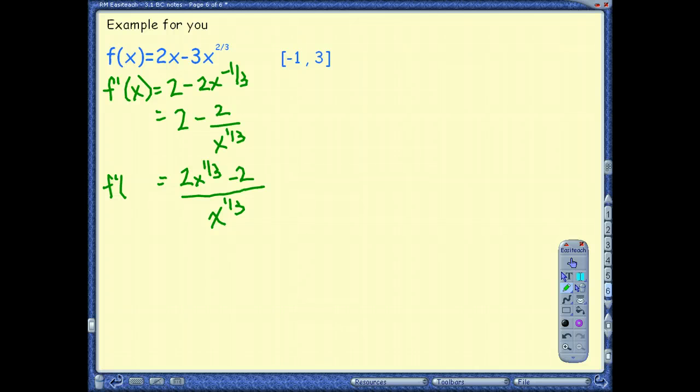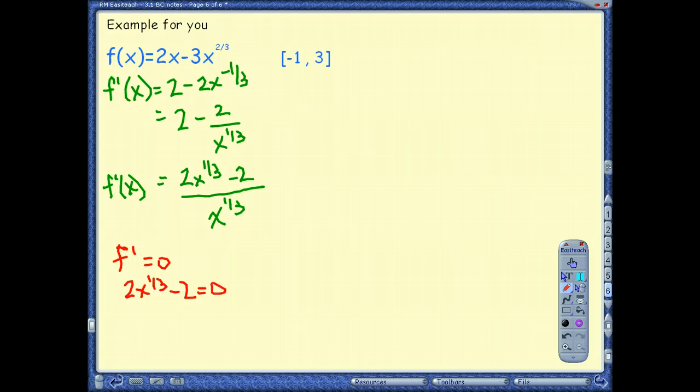There's my first derivative. Because I have a fraction, I do have places where my derivative is equal to 0 and where my derivative is undefined. My derivative is equal to 0, and I always like to put it there, derivative equals 0. That's where your numerator equals 0.